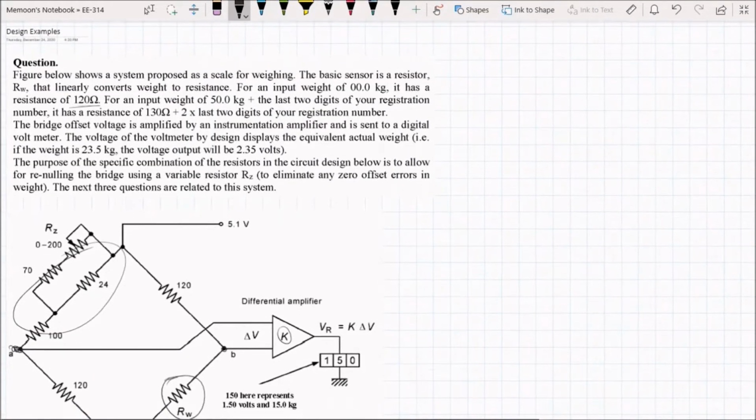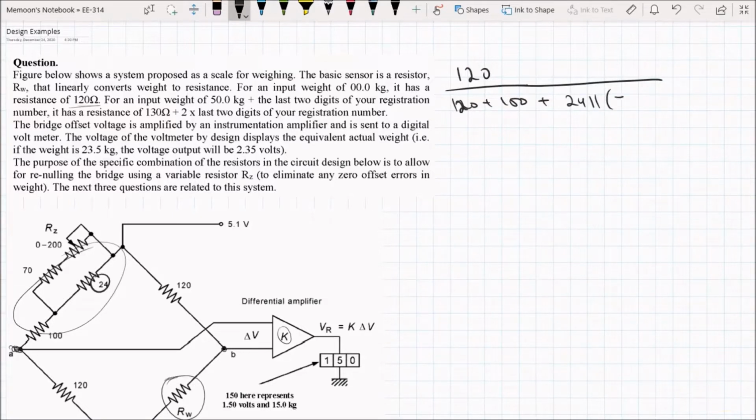So let's write it. 120 over 120 plus 100 plus 24, this one, parallel to 70 plus Rz, and that would be equal to Vb. And what is the value of Vb? Rw over Rw plus 120, and Rw at 0 kg was 120.